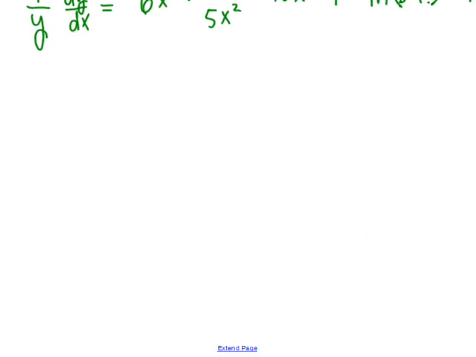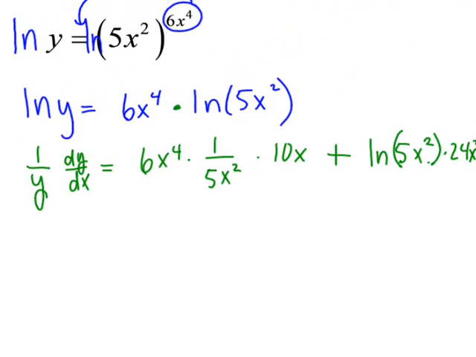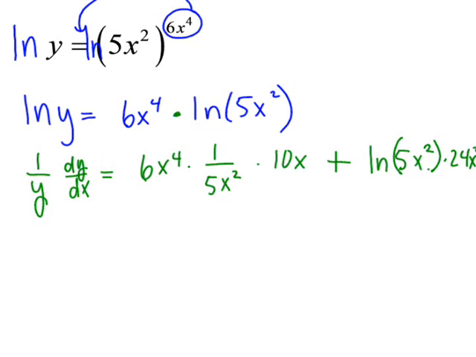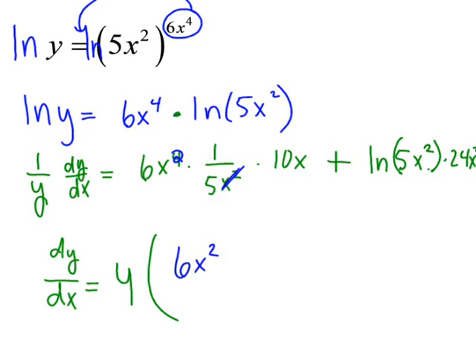All right, now we just need to solve for y prime. There's only one y prime over here, so I just multiply both sides by y. I'm going to rewrite this a little bit because I know if I have x squared on the bottom, that's going to take 2 of these out. So I have 6x squared over 5, or 6 fifths x squared.